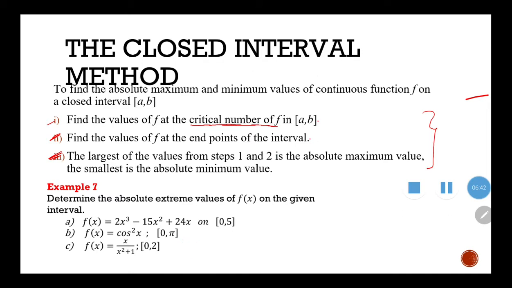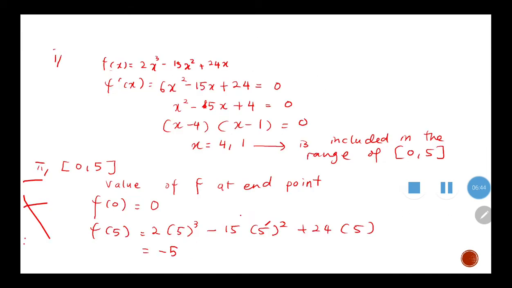Okay, so now we have to find it, so this should be number 3.